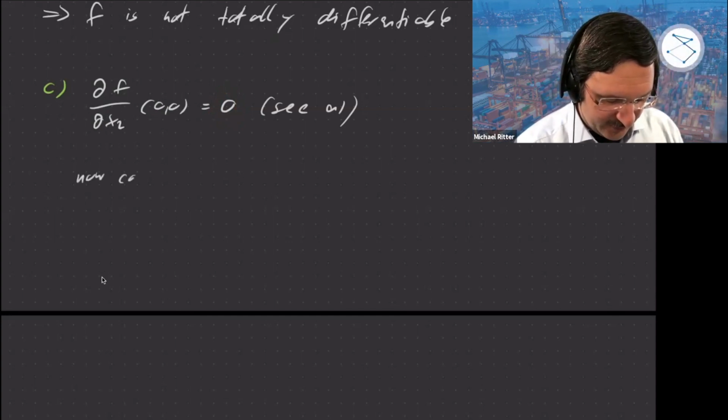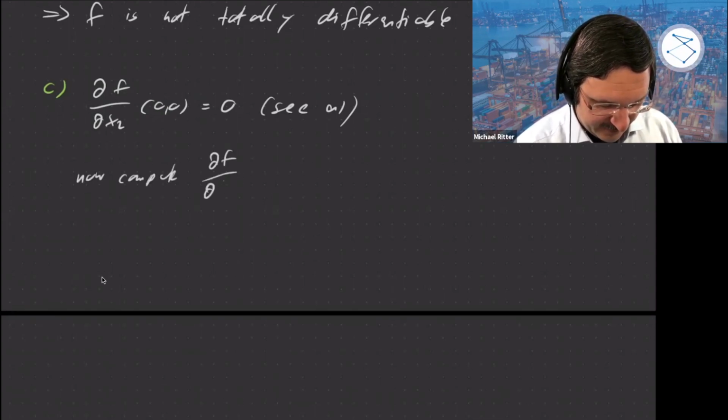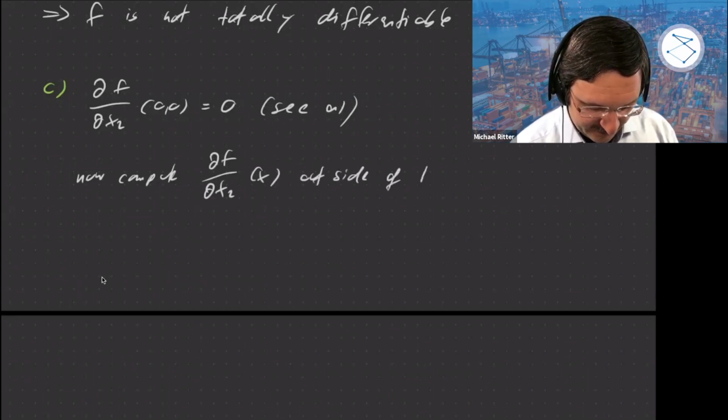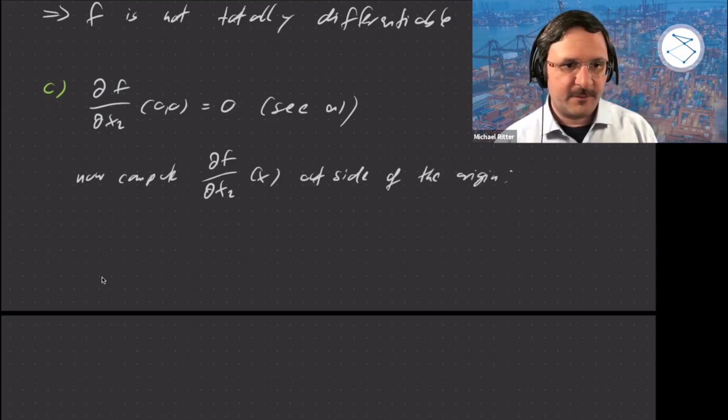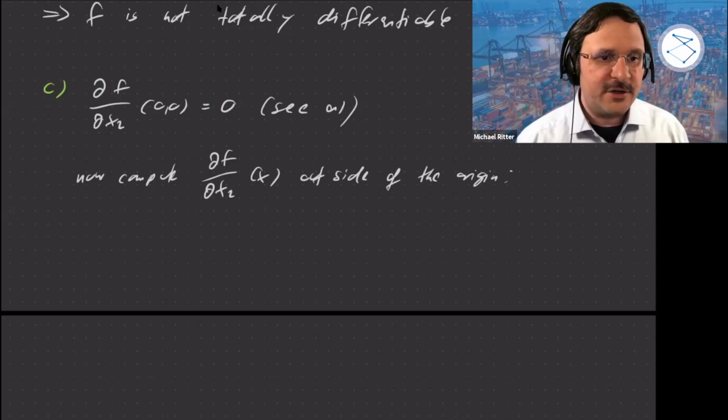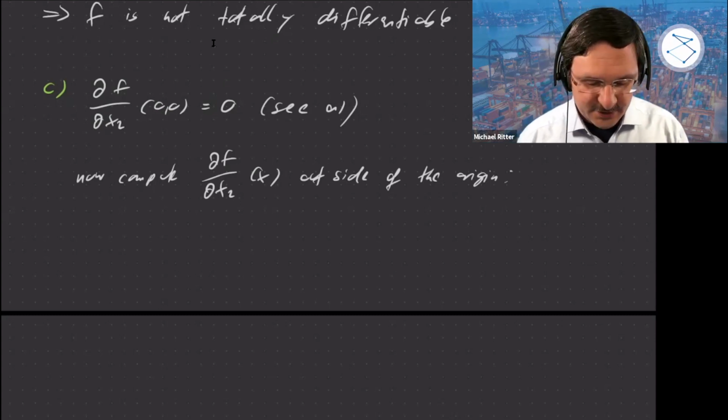Okay, now let's compute df by dx2 of x outside of the origin. And that means outside of the origin, we can just resort to the definition here.